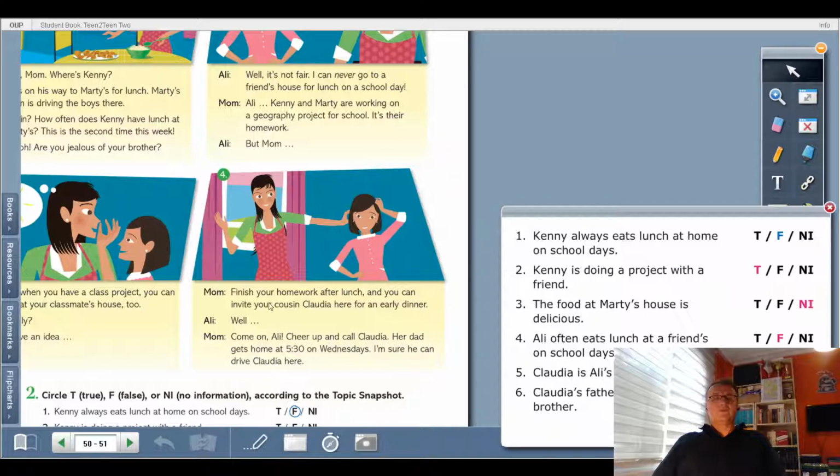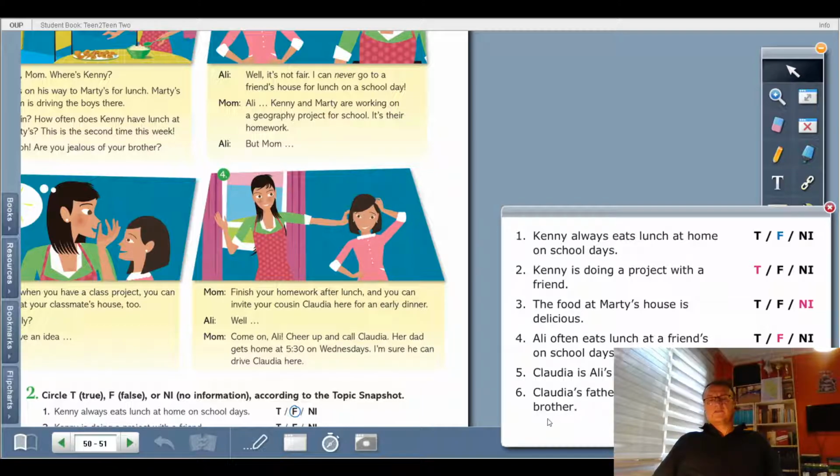I'm sure he can. Claudia here. Your cousin. Your cousin means Ali's cousin. So that's true. Why? Because you see here, you can invite your cousin, says mom. Whose cousin? Ali's cousin. Because your is Ali's.